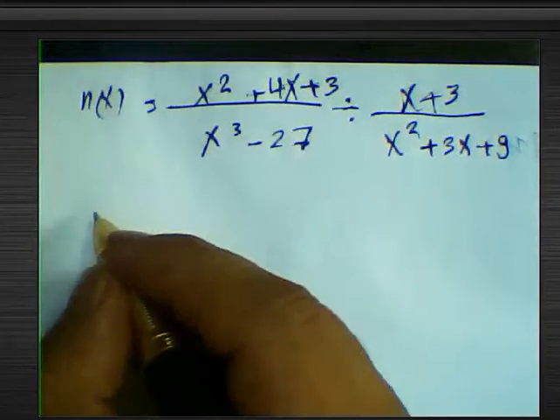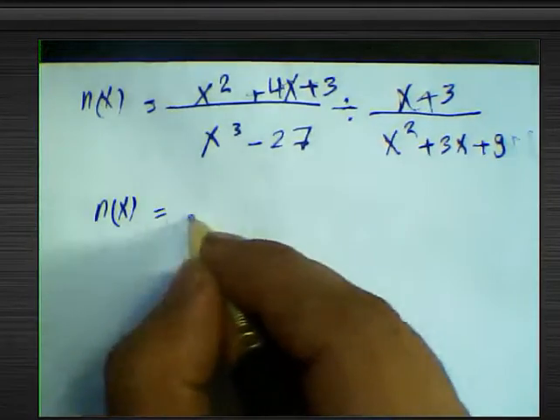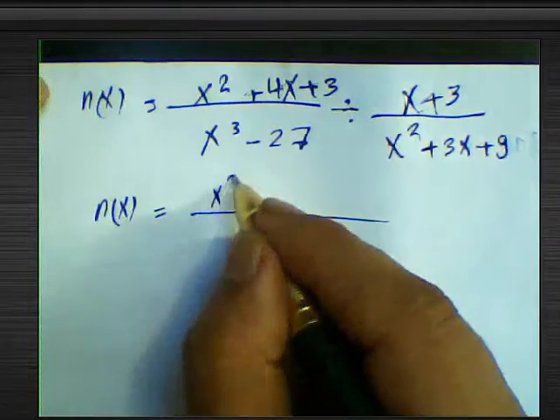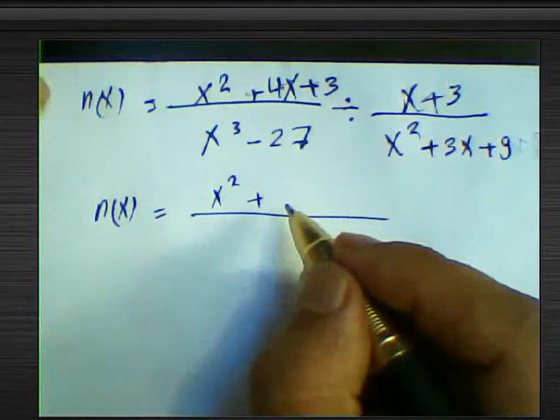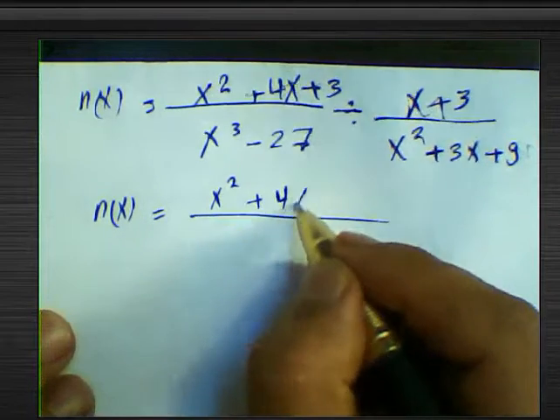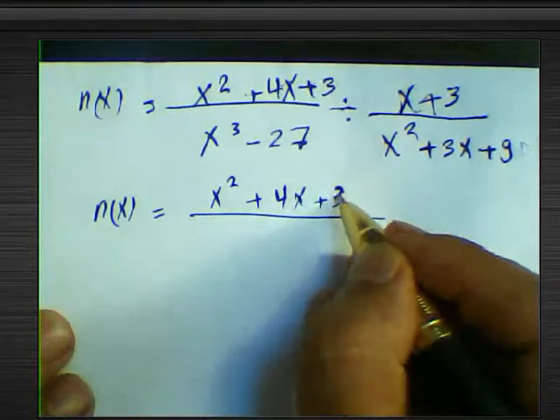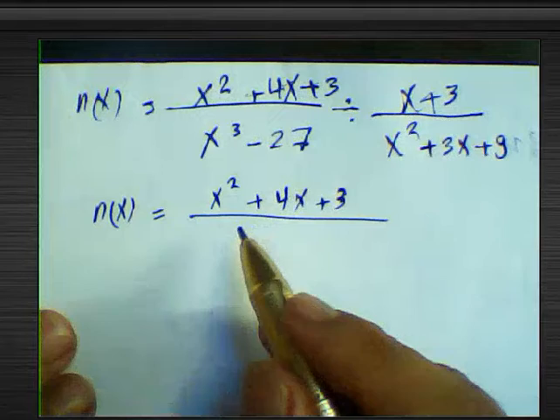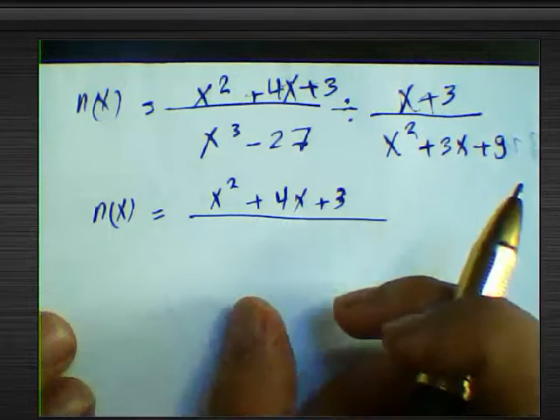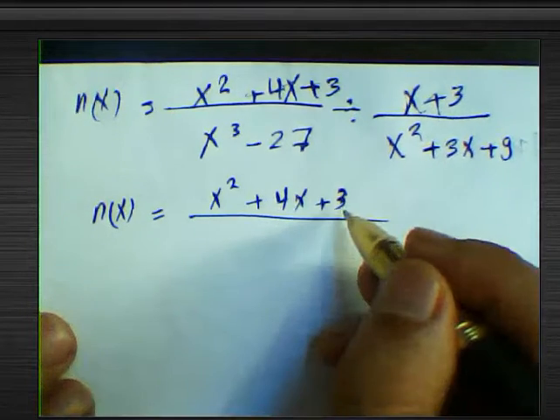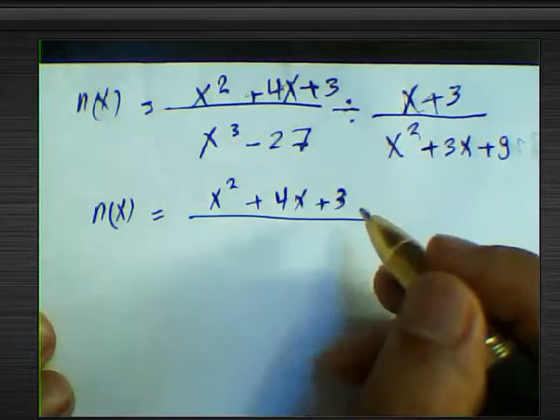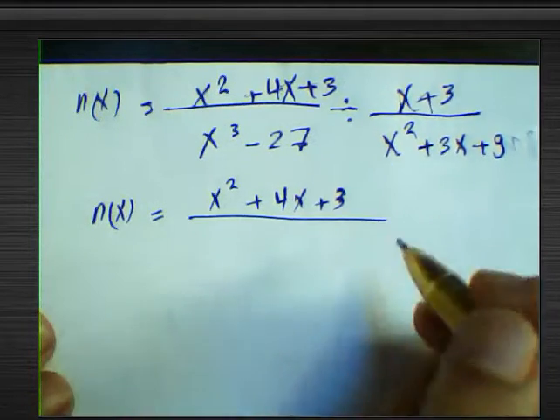N of x, we can factorize this example. x² + 4x + 3. We can factorize this expression, x and x. We want two numbers whose multiplication equals 3 and whose sum is 4. The result will be x + 1 and x + 3.